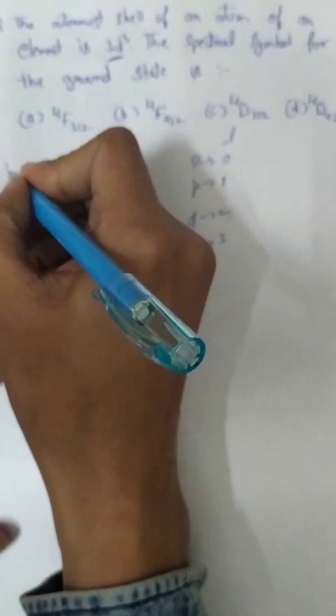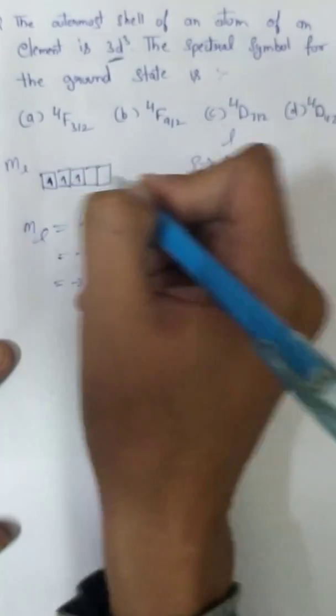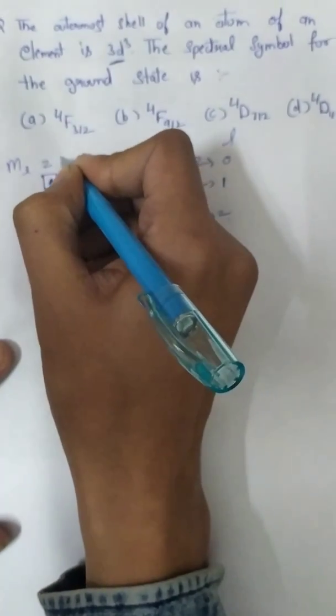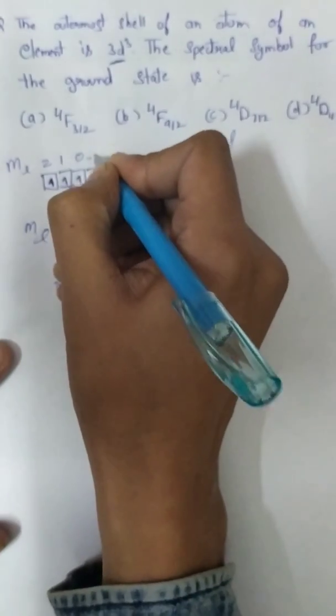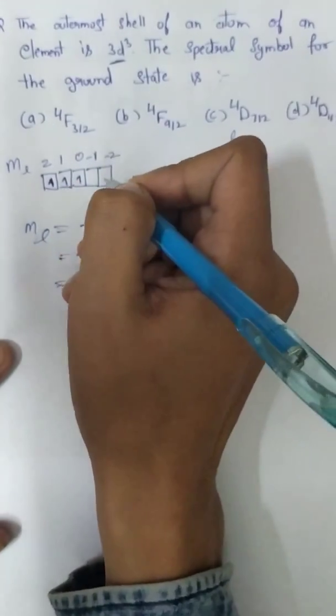So I write down the ml values here for these orbitals: 2, 1, 0, minus 1 and minus 2.